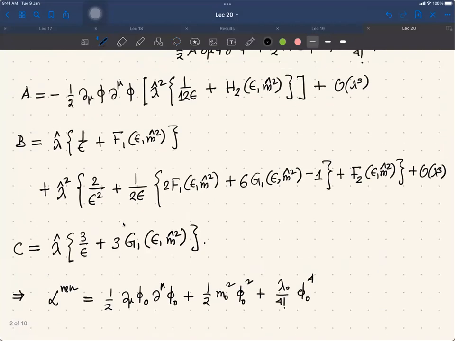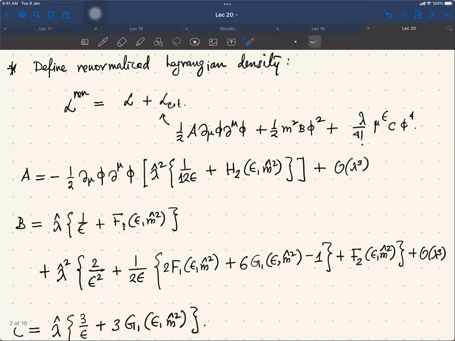Where I have added the original terms in L with this, since they have the same form, it's just going to change the coefficients.